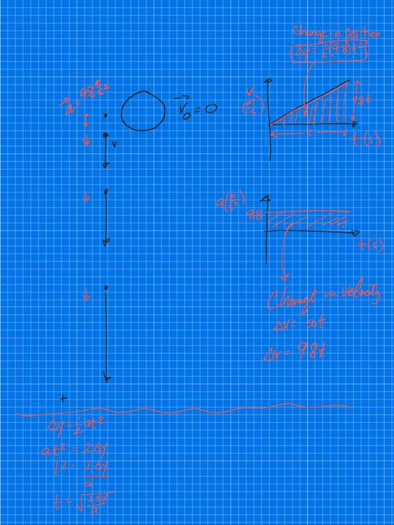Okay, so now if you want to find the speed of something after falling a known height, so you know delta y, the change in velocity is going to be equal to the final velocity, because I'm starting from rest and my beginning velocity is 0. So my change in velocity plus my beginning velocity gives me my final velocity.